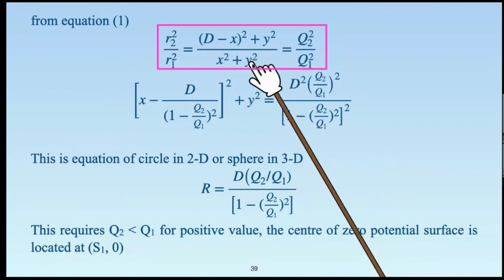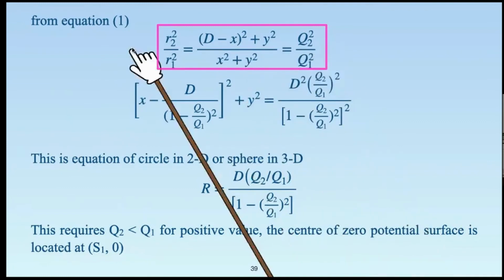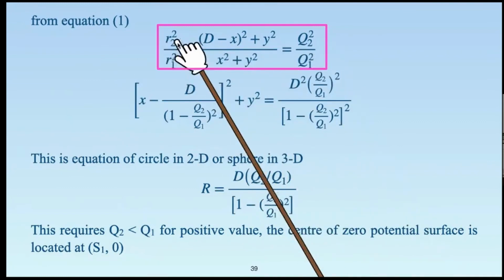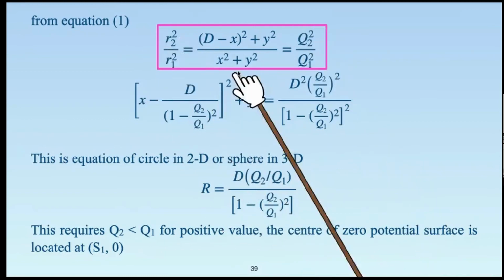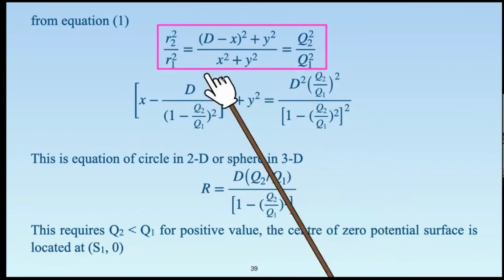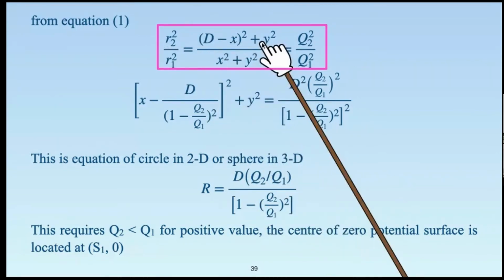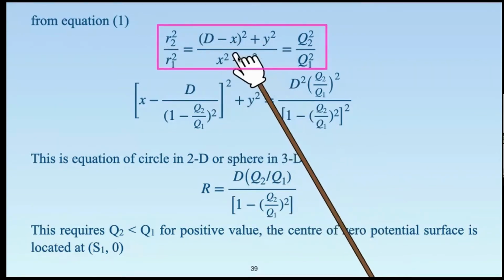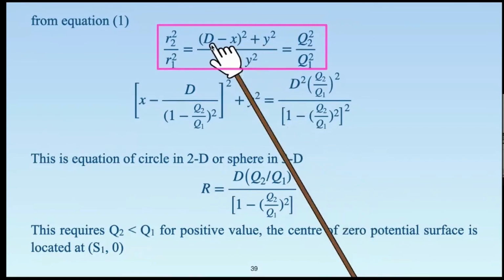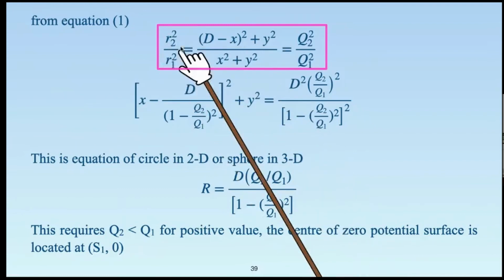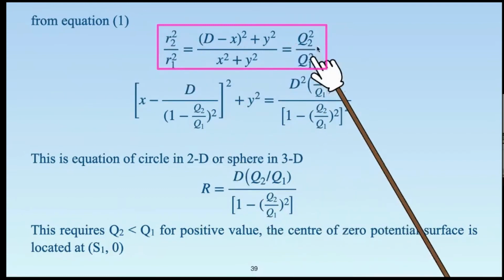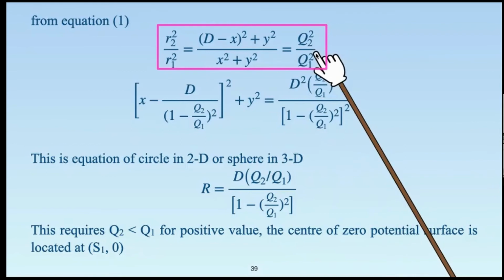D, x, y, Q2, Q1, and R2, R1: these are the charges, these are the distances. Most of the parameters here are distances, but these two, x and y, are the coordinates. They may vary. As we move point P from one place to another, D will remain fixed. But as x and y vary, R1, R2 will also vary. Charges will remain fixed.